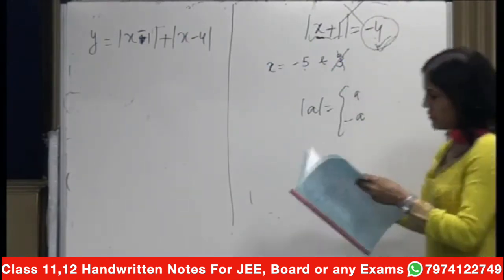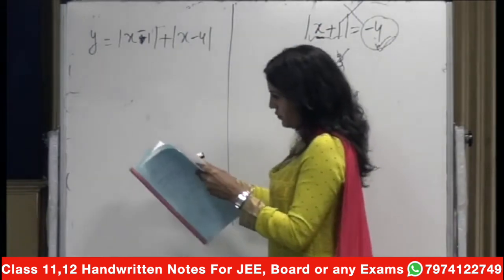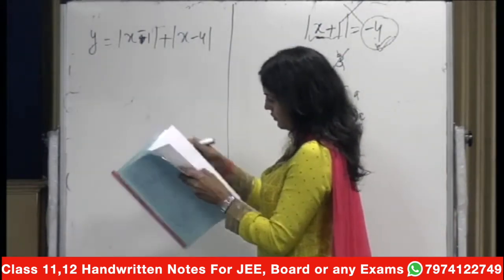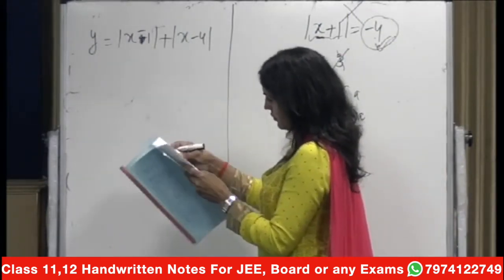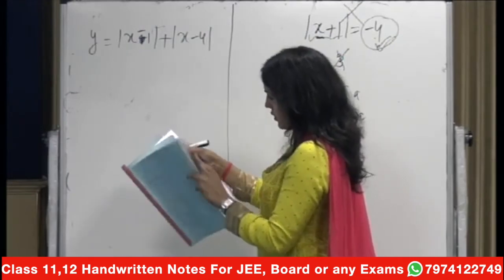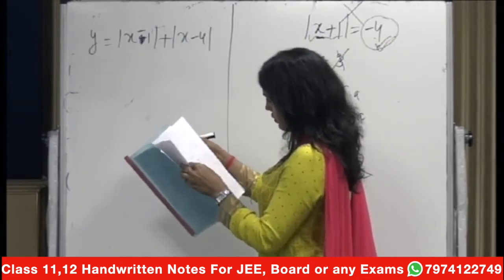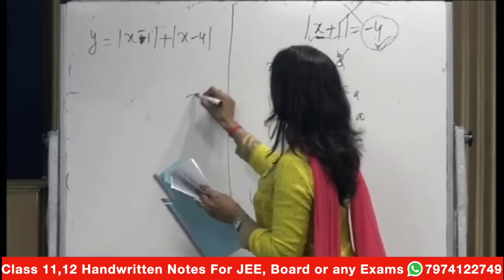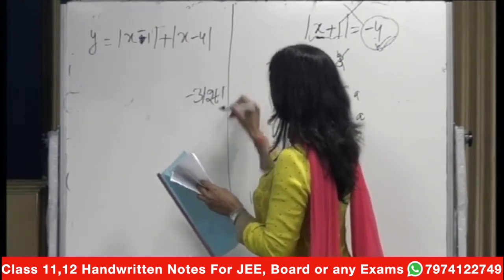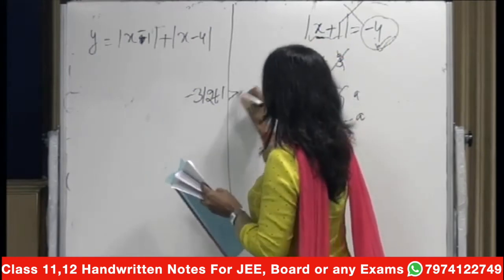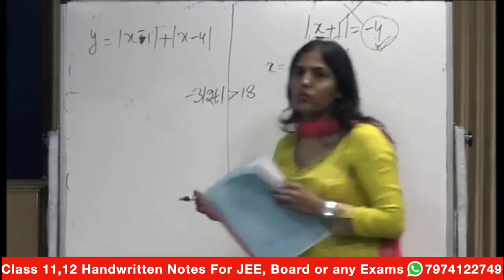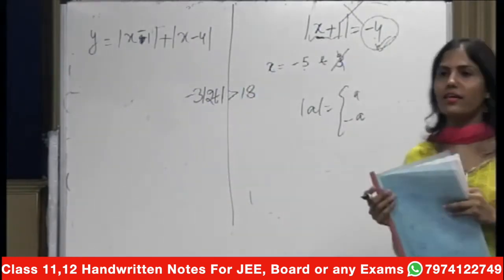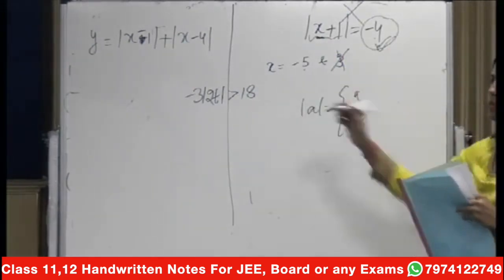Okay, now answer me one more question. What about this function now? Now don't think that I'm giving you the same type of question, because you have such a mentality that if this is the question, the next will be a similar one.